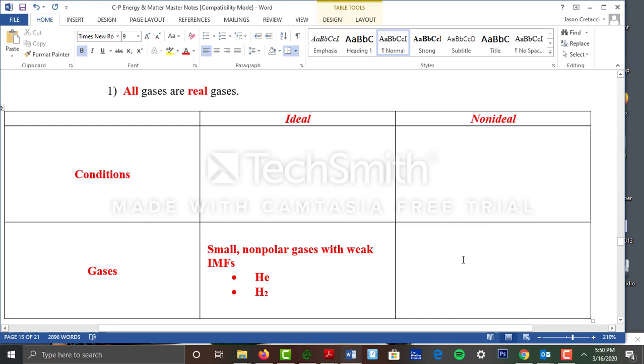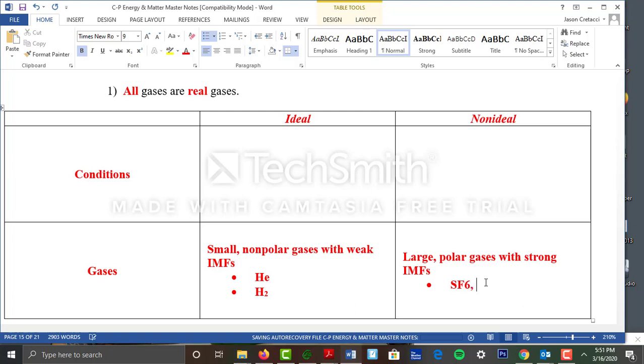On the other hand, large polar gases with strong IMFs are going to be very non-ideal. So what are we looking at? We're looking at things like SF6, that's really big. That's the gas that makes your voice really low.